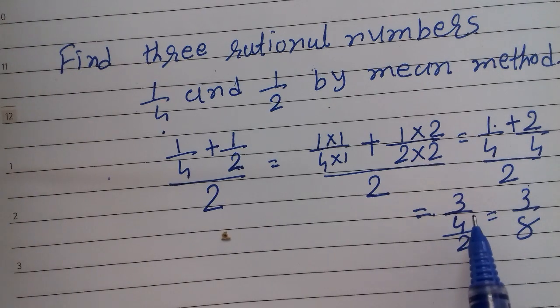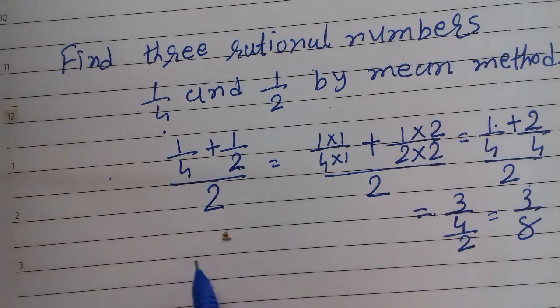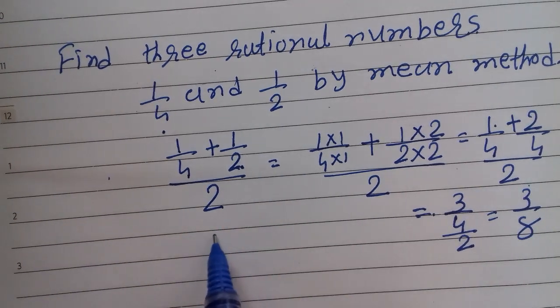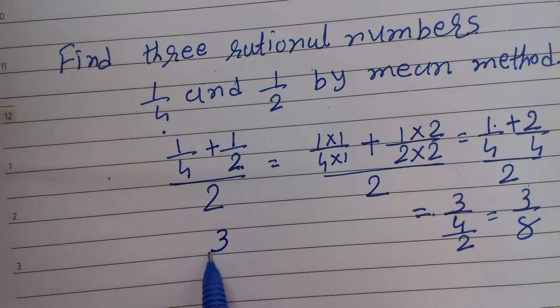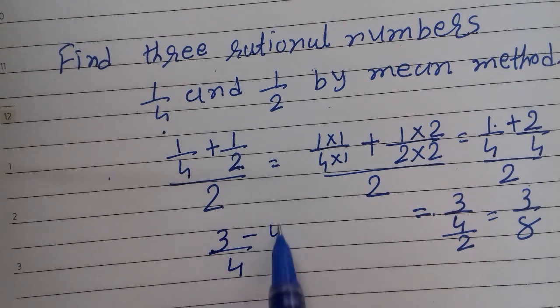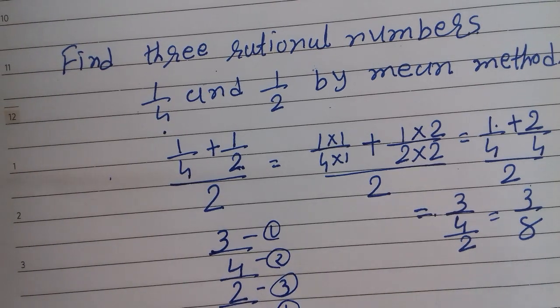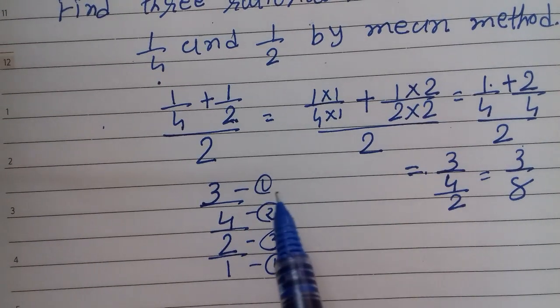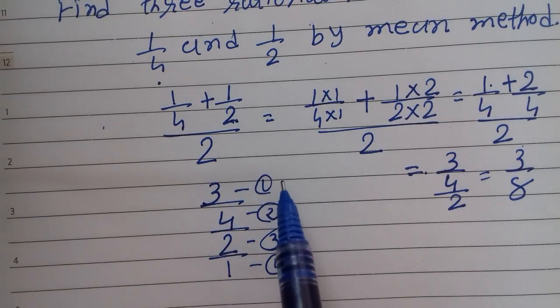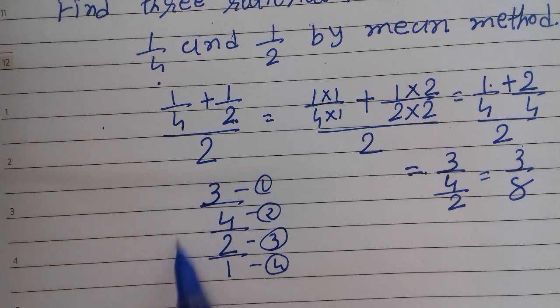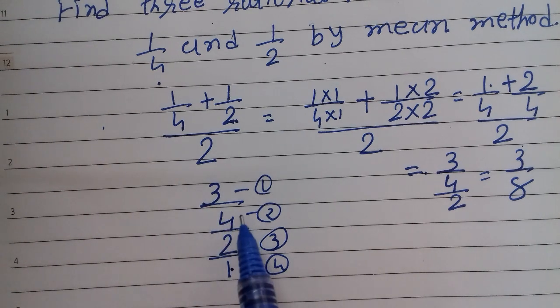Here you may have a question: how does this 8 come? 3 is the first number, 4 is the second number, 2 is the third number, and 1 is the fourth number. So what will we do? Multiply 3 by 1 and multiply 4 by 2.